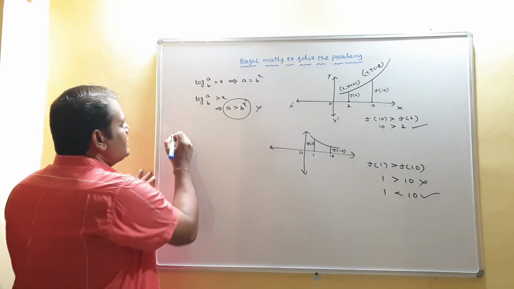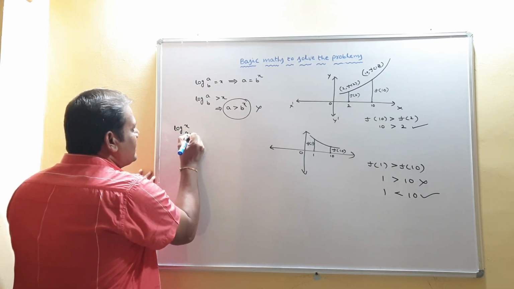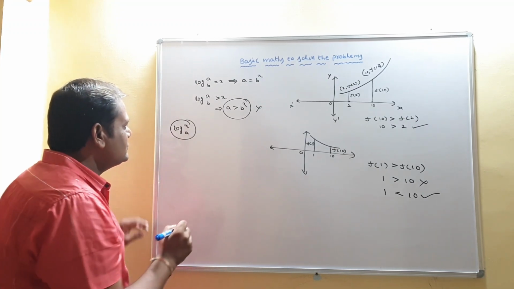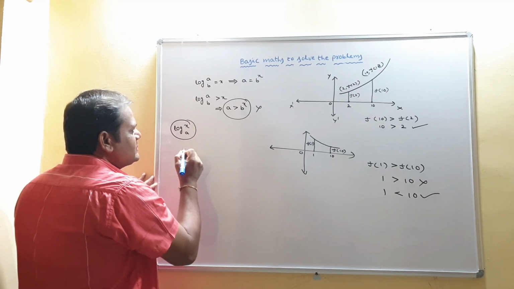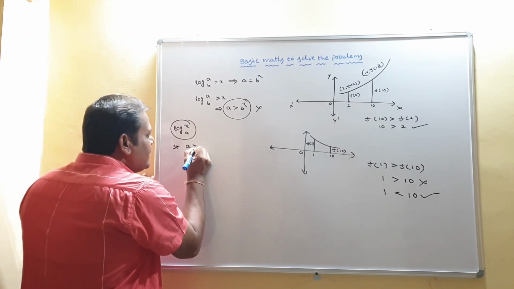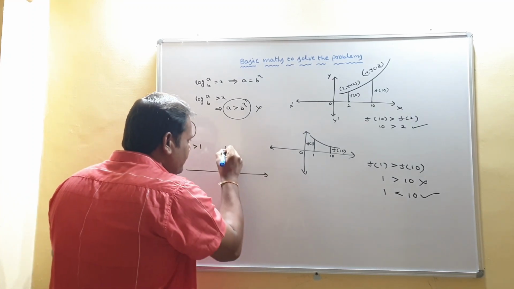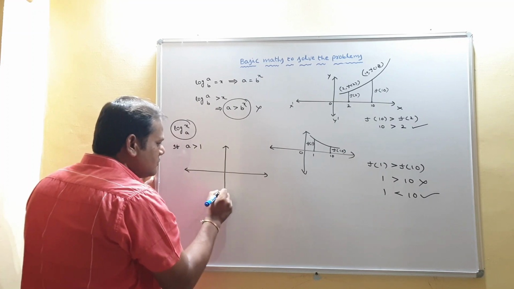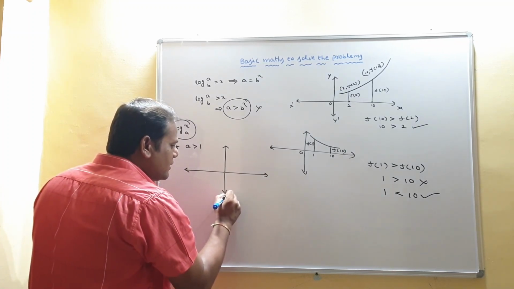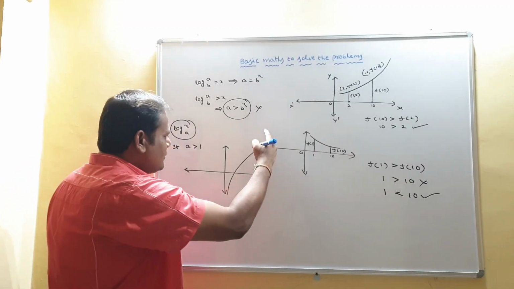Listen carefully. Suppose now I am going to draw the graph of log x to the base a. Suppose a is greater than 1, if the base is more than 1, the graph of log x will be like this. You observe this now.